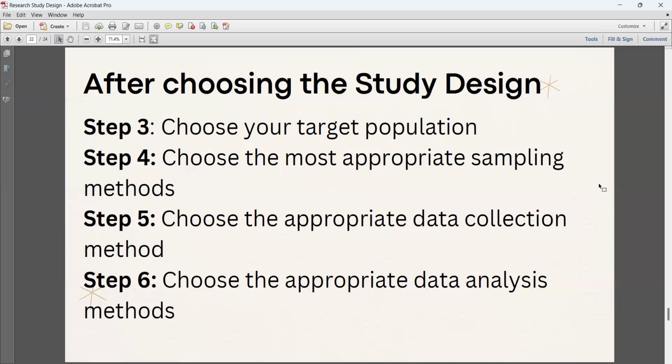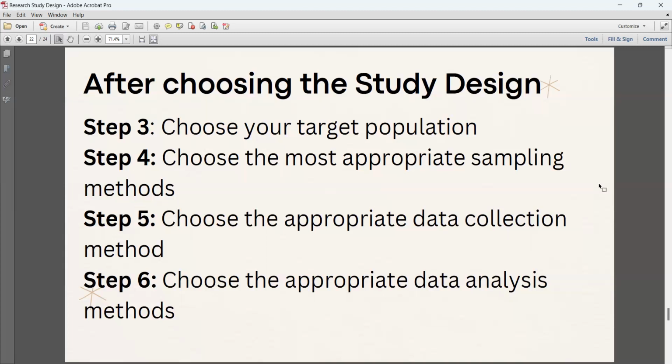So do remember to consider both factors when naming your study design. Another example is an analytic cross-sectional study. This means a study whose purpose is to analyze and is conducted at one point in time, that is, cross-sectional in nature.